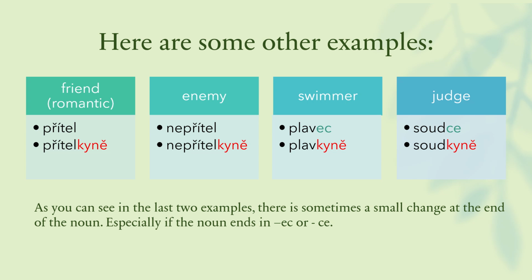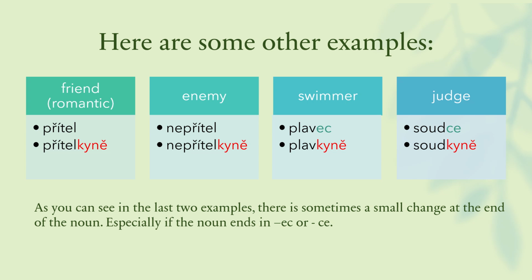Swimmer, a male swimmer would be plavec, and a female swimmer would be plavkyně. A judge in Czech is soudce, but female judge is soudkyně.